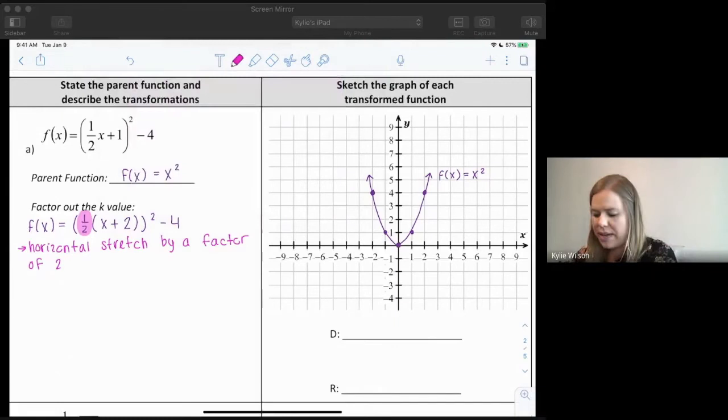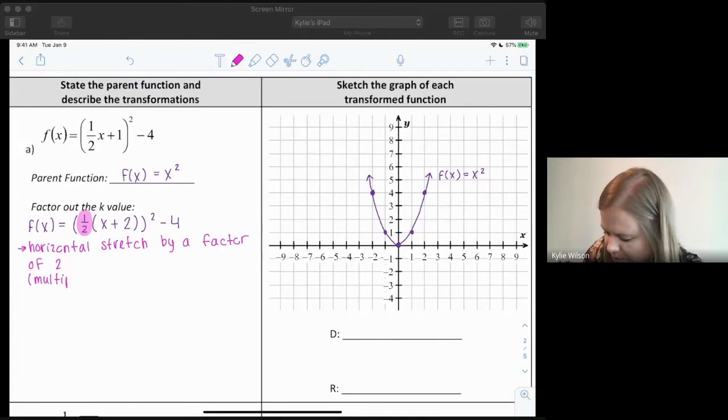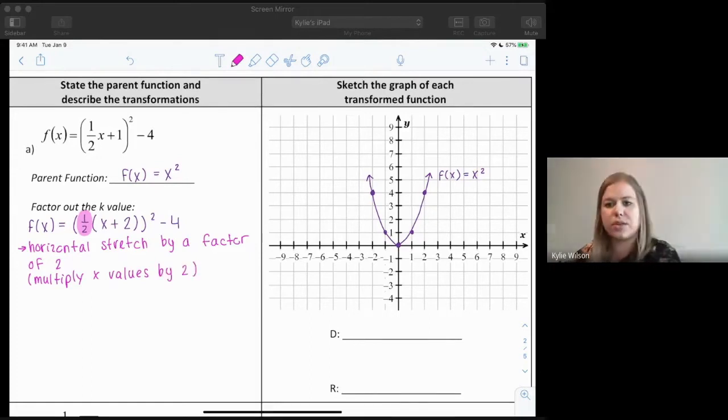And when we have a horizontal stretch by a factor of 2, what we do there is we're going to multiply x values by 2. So let's start there and do that. I'm going to look at my graph. I'm going to multiply all of my x values by 2. I start with this here. The next one was 1, 1. I'm going to multiply the x value by 2.